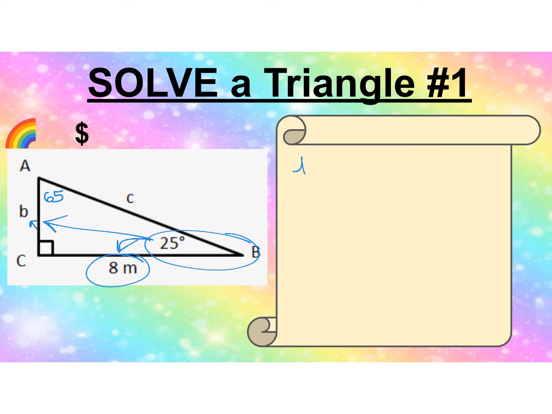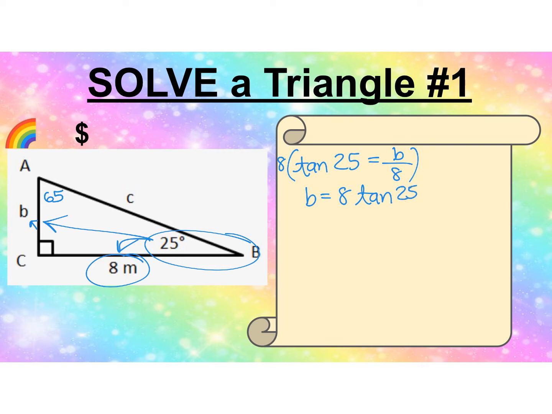So I'm going to do the tangent of 25 equals b over 8. I want to solve for b, so right now I'm dividing by 8, so I'm going to multiply everything by 8. So I'm going to have b equals 8 tangent of 25.